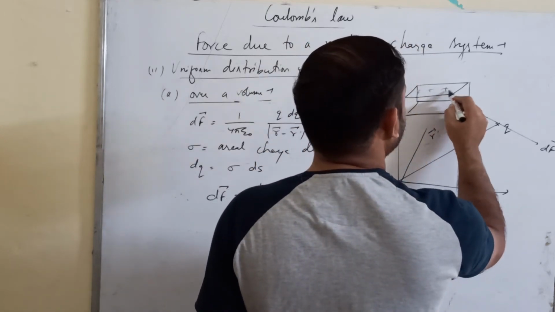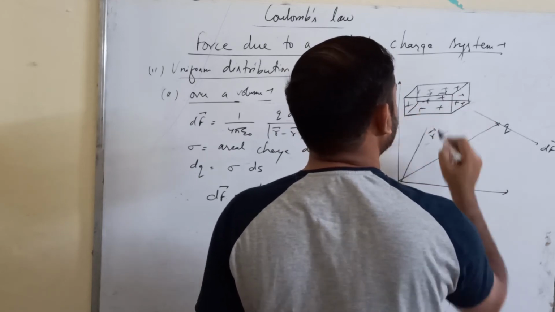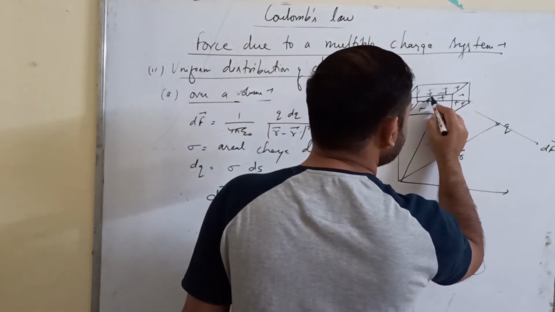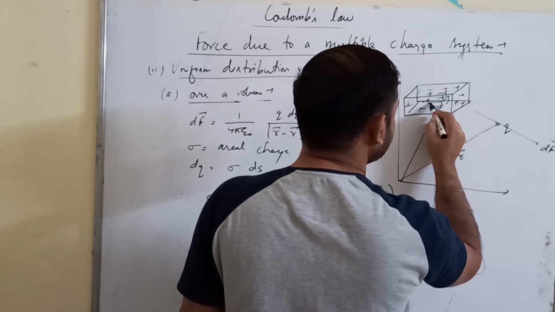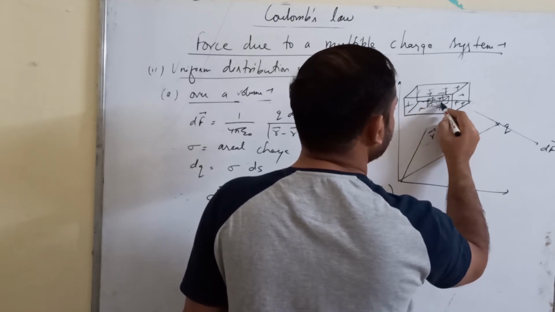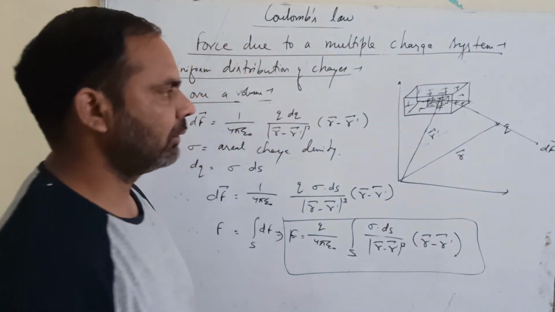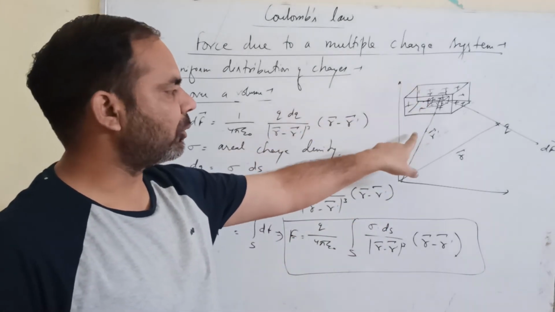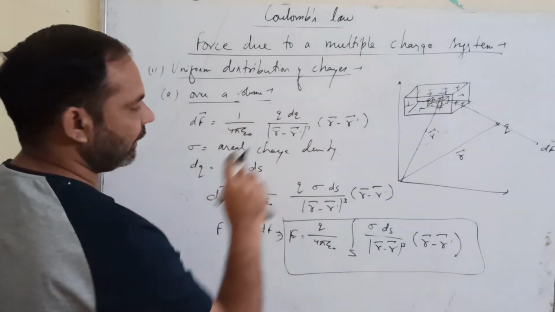Suppose we have a volume distribution of charges like this, then we will again consider an infinitesimally small volume here with position vector r dash vector, and we will find out the force, and then we will take the integral. So dF is again the same formula.